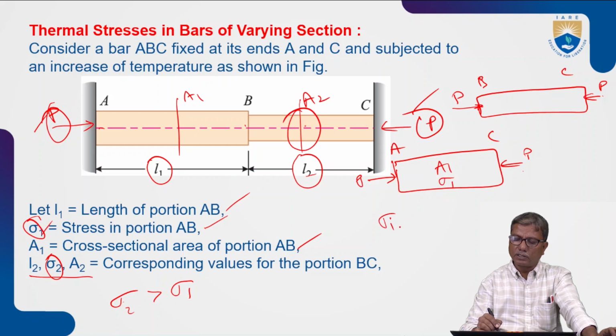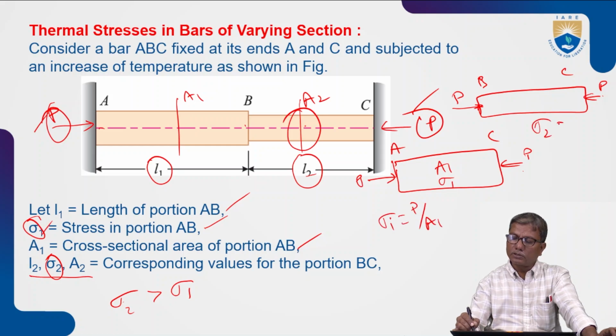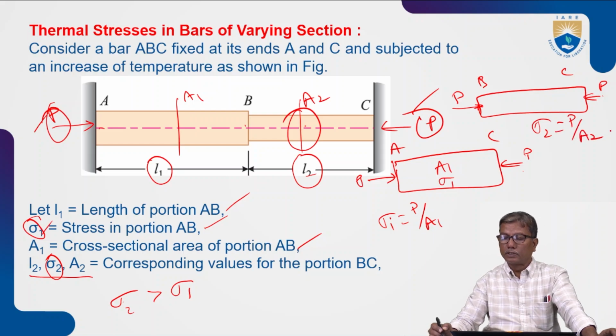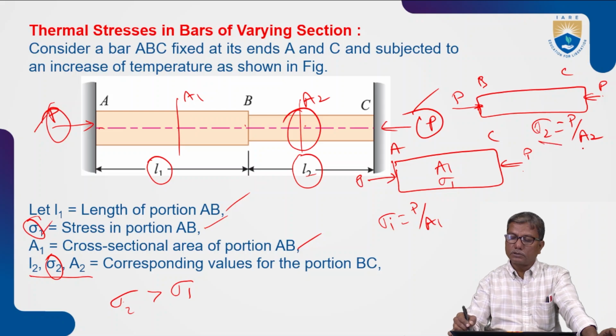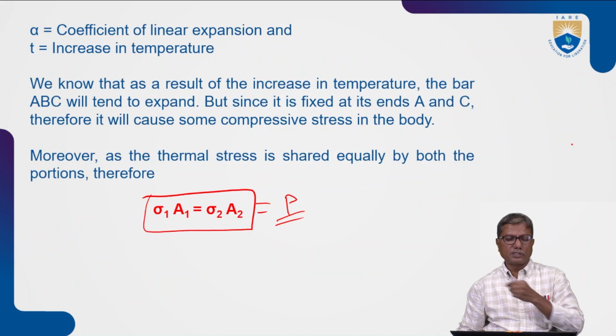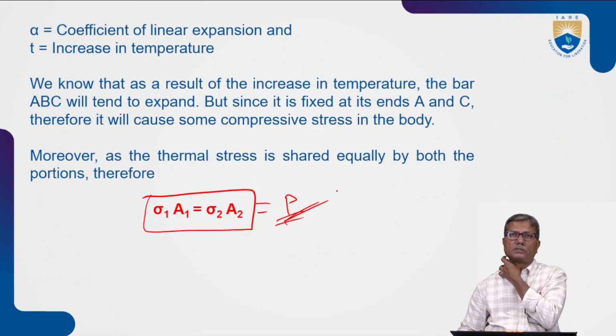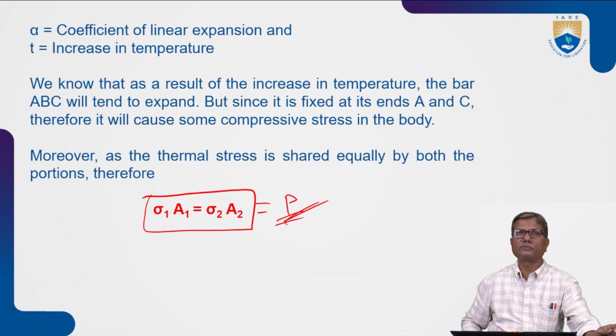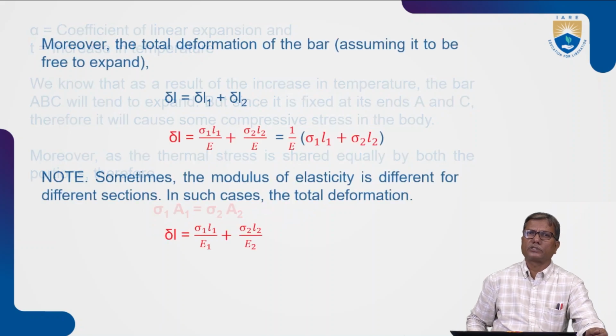So sigma 1 is equal to P by A1, and sigma 2 is equal to P by A2. So P is equal to sigma 2 A2 and P equal to sigma 1 A1. That is, P is same in both the cases. So sigma 1 A1 equal to sigma 2 A2. That is the condition we use in this case of bars of varying cross sections.